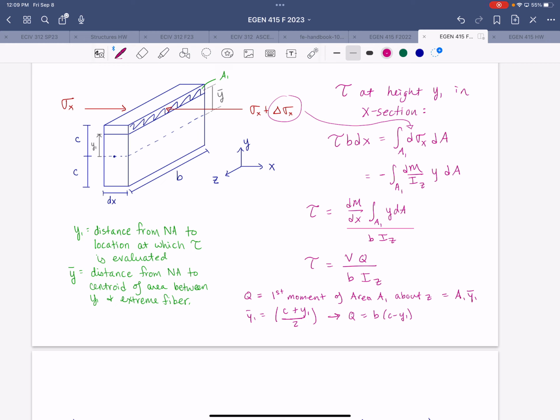So that's the area A1, and then times (c plus y1) divided by 2. Let's see. So I'm just going to note down here that's A1, and that's y1 bar.